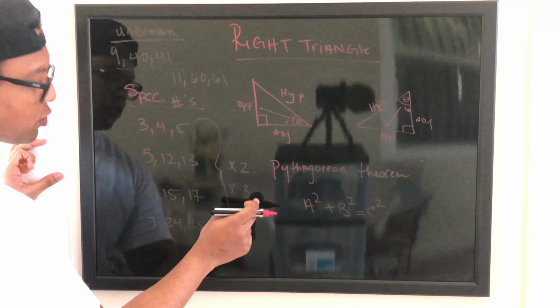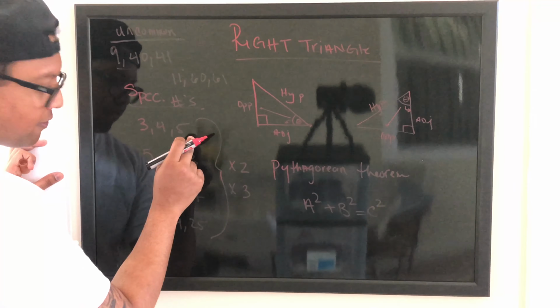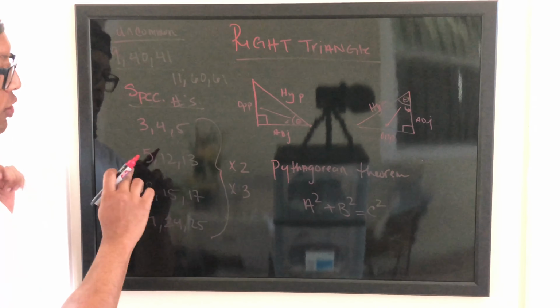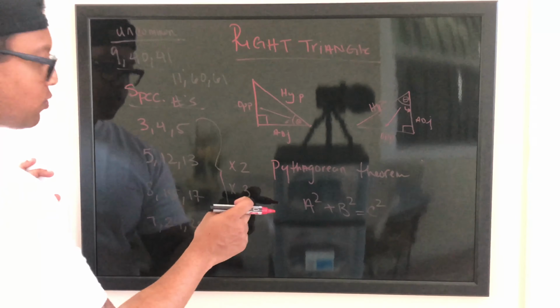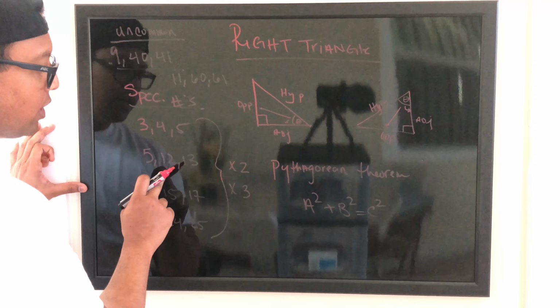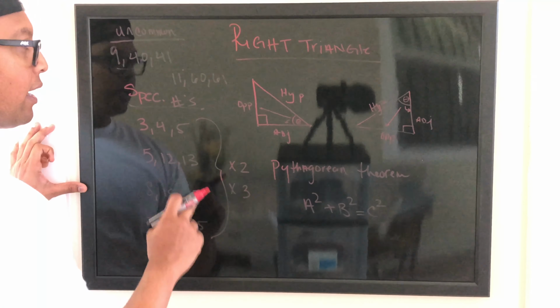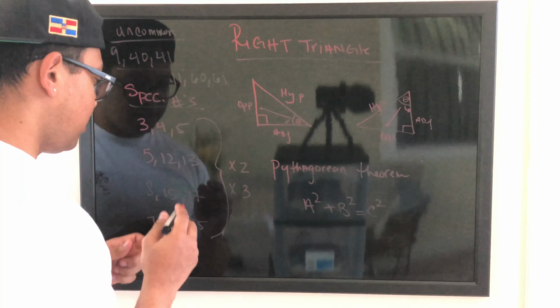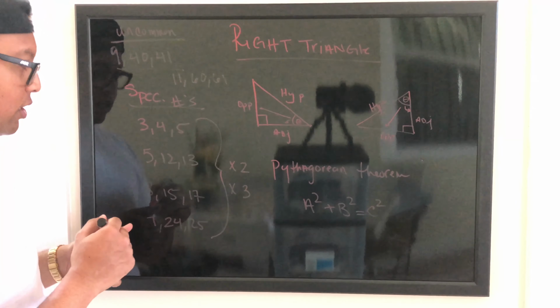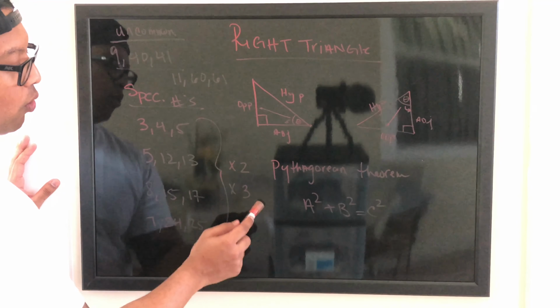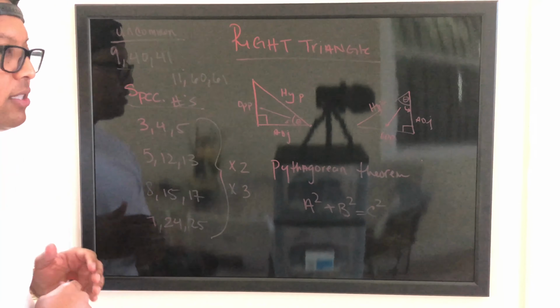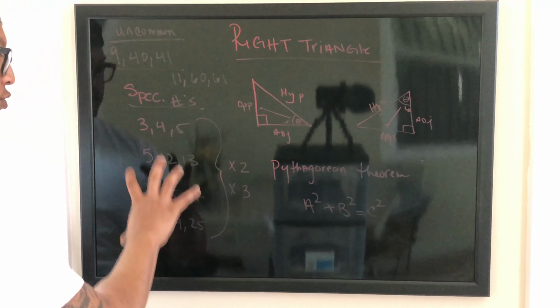If I multiply by 3, you'll get 9, 12, 15. This one here, you'll get 10, 24, 26. This one here, you'll get 15, 36, and 39. So these ones you can multiply by a whole number, and you'll still be able to use them in the same special number fashion.